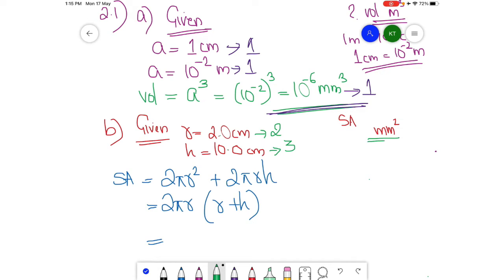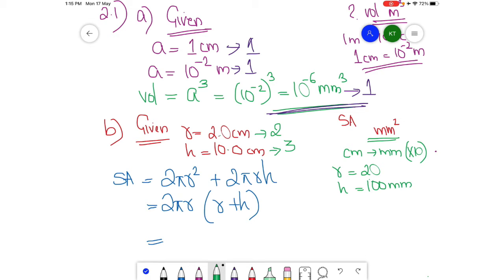So in order to get a final answer in millimeter square, you have to convert from centimeter to millimeter. In order to convert it from centimeter to millimeter, you have to multiply the values by 10. So we get radius is equal to 20 millimeter. Height is equal to 100 millimeter.